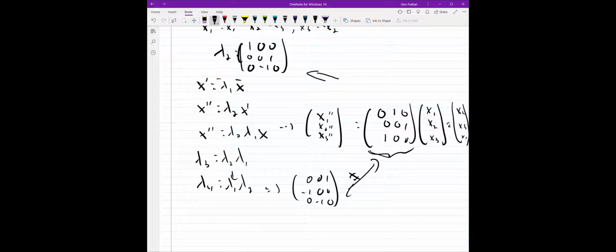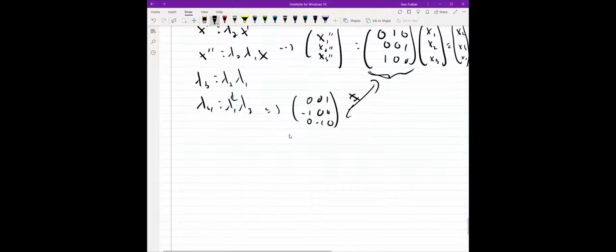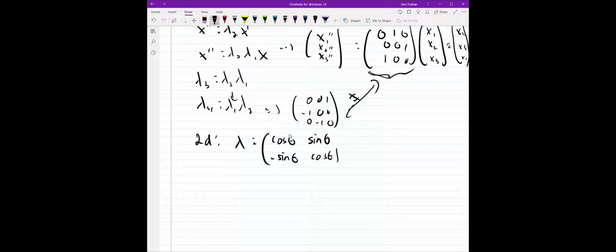Okay. I guess for the last part of this section, I'm just going to be talking about the useful matrices. Just matrices you see a lot. So in 2 dimensions, the lambda matrix, if you just shift by an angle, is given by cosine theta, sine theta, minus sine theta, cosine theta.